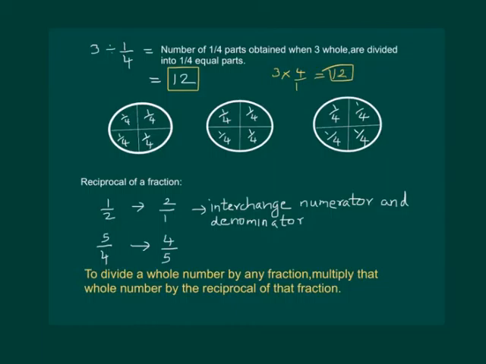Hence we state that to divide a whole number by any fraction, multiply that whole number by the reciprocal of that fraction. This rule makes things much easier for us. If we have to find 1 divided by half, we can simply multiply 1 with the reciprocal of 1 by 2, which is 2 by 1, and get 2 as the answer.